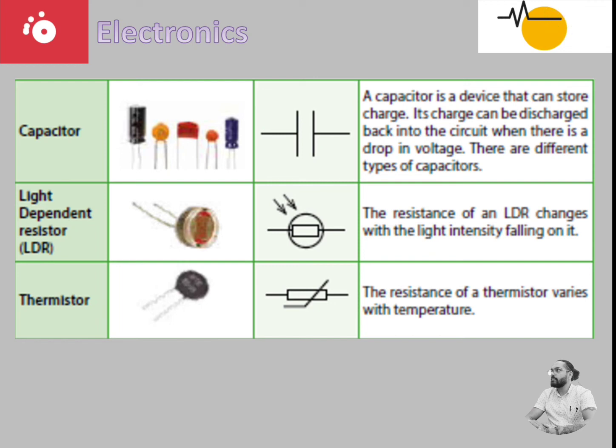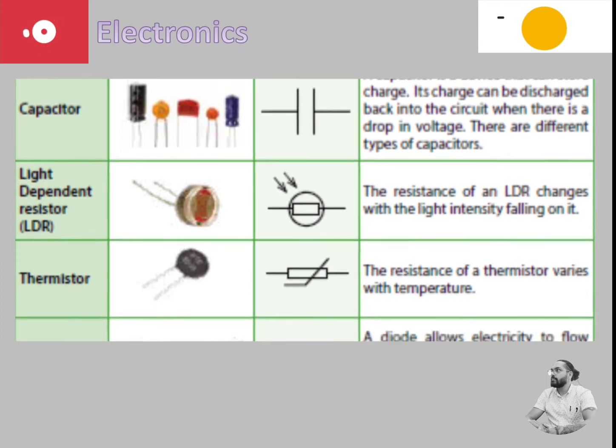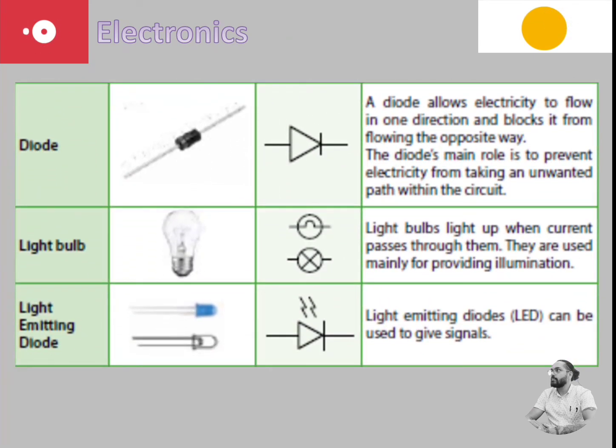A thermistor is another type of resistor in which the resistance varies with temperature. A diode allows electricity to flow in only one direction and prevents it from flowing in the opposite direction.